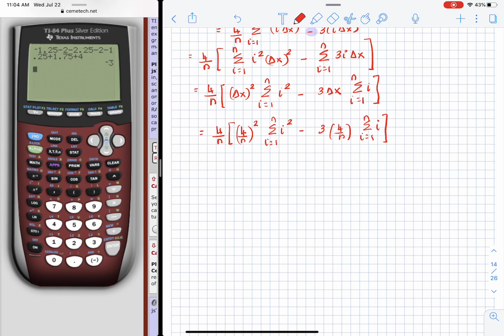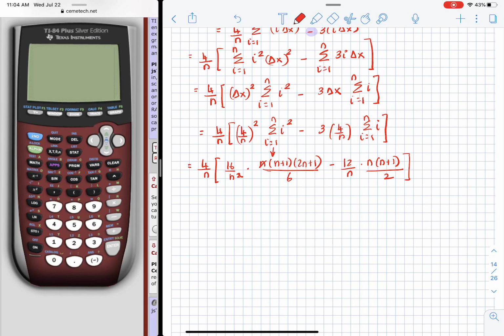We know from the sums earlier, the sum of squared natural numbers is n times n plus 1 times 2n plus 1 divided by 6. The sum of n natural numbers is n times n plus 1 over 2.